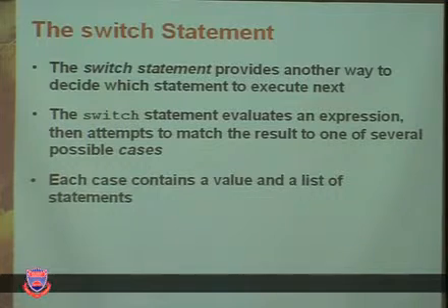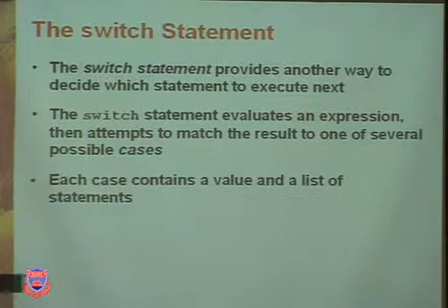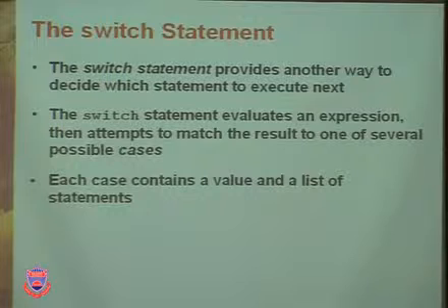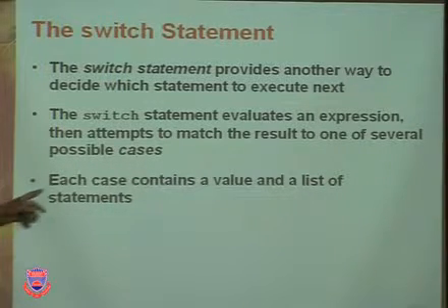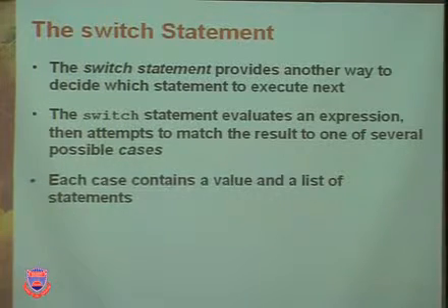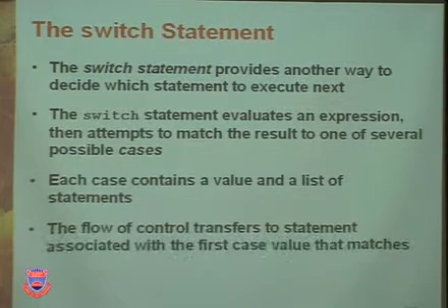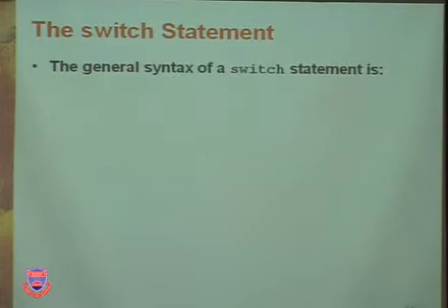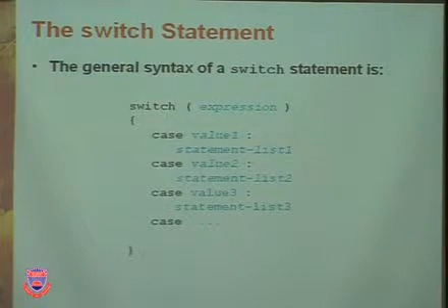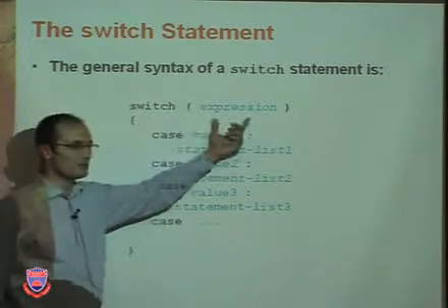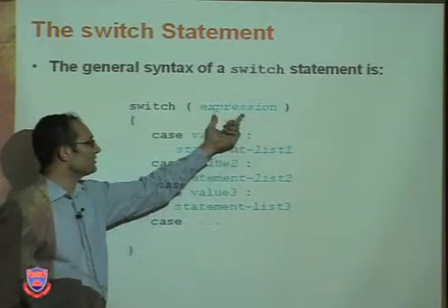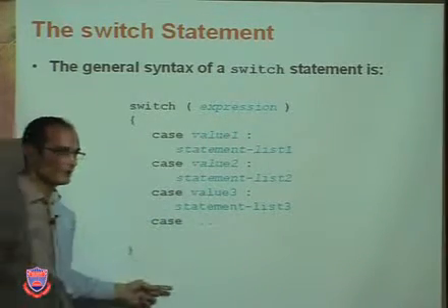The switch statement, if you recall, gives you an opportunity to select from multiple entries using the switch and case statements. Each case contains a value and a list of statements, whatever you would like to execute. If you recall the syntax, we had switch expression. Based on this expression, we select one of these cases.